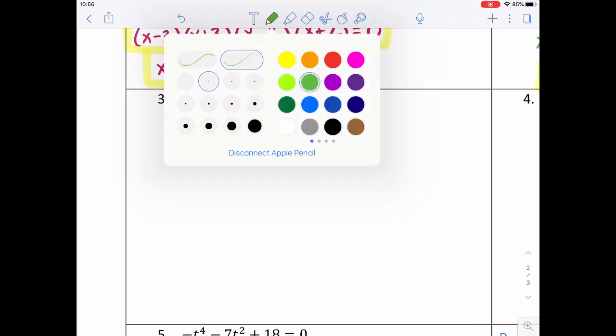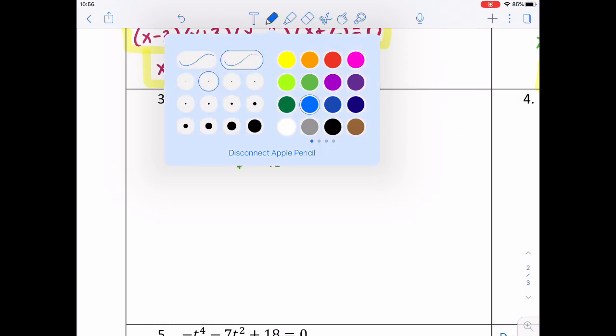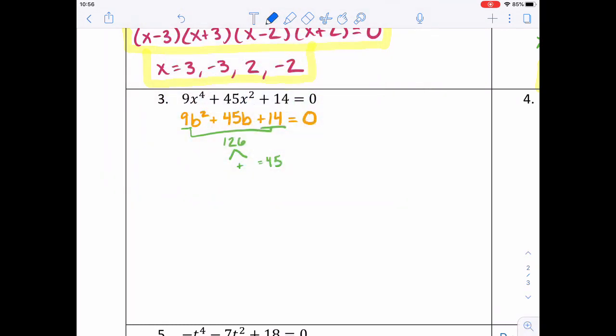So now we're going to take our first and our last, and we're going to multiply them. 9 times 14 is 126. So we're looking for factors of 126 that add up to 45. You might have to do some guessing and checking here, but it's going to be 42 and 3.